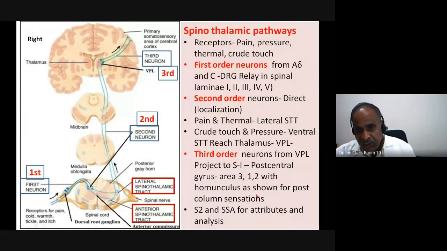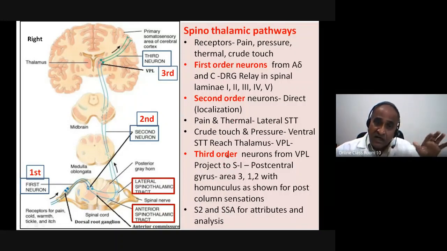From S1, it is further processed, as for the posterior column sensations, at S2 and the somatosensory association area for attributes and analysis. But since the representation here is less intense, localization is not as precise as that of the posterior column sensation.